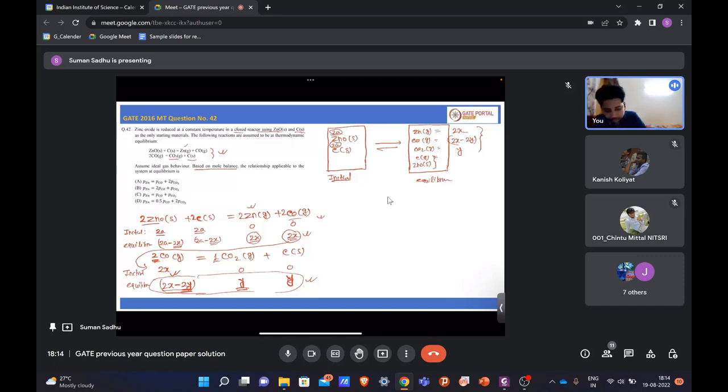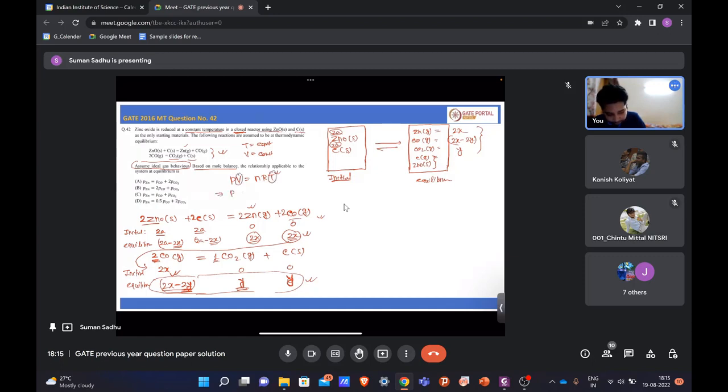Now it is also mentioned that the reactor is at constant temperature and it is a closed reactor. Constant temperature means T is constant, and closed means V is also constant, right? In the question it is mentioned to assume ideal gas behavior. So PV is equal to nRT, and here T and V are constant.